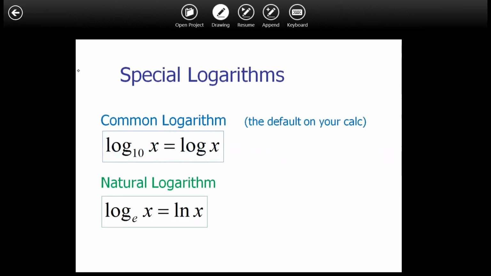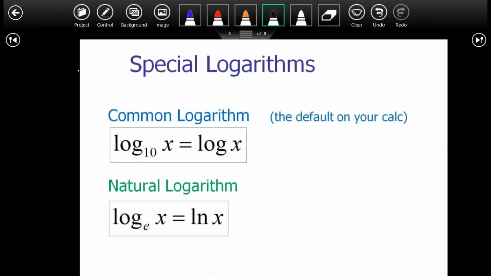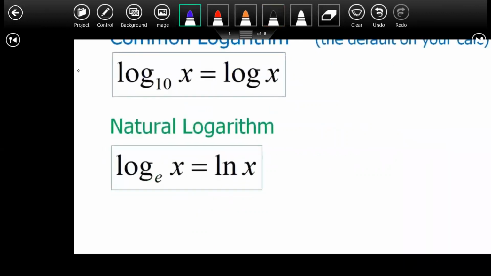You will see those. Another thing that we're going to look at is our natural logarithm, or ln. Log base e, which we used yesterday for exponentials, can be substituted with ln as well. ln is a natural log.